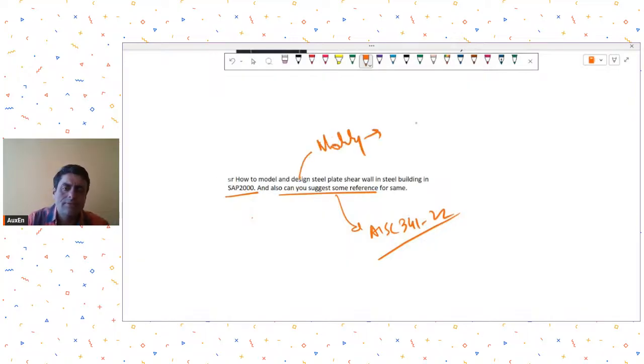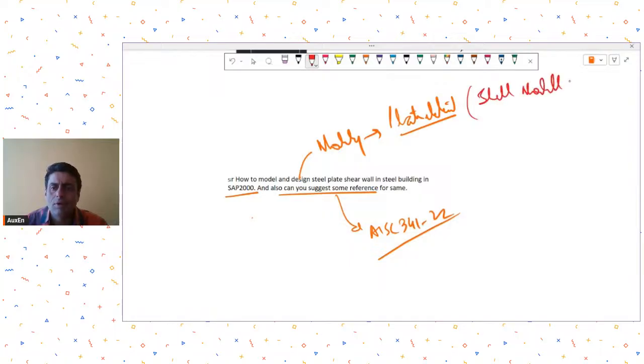You can use plate modeling, or what you call shell modeling, just like you do for RCC shear walls or RCC structural walls in ETABS. Similarly, you can use the shell model to model these steel plate shear walls in SAP 2000, and then assign the thickness requirement accordingly.